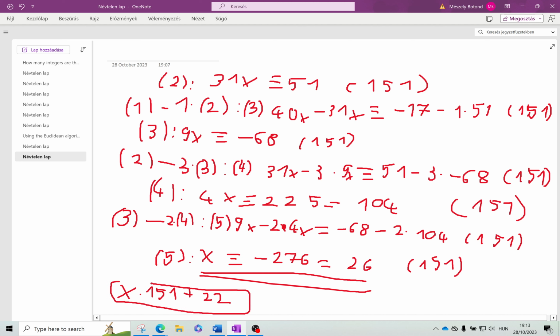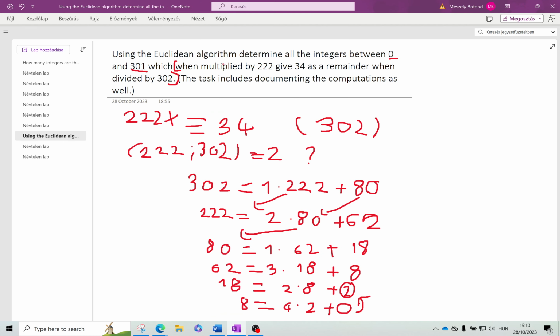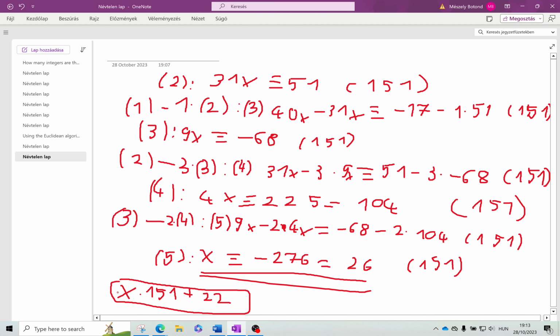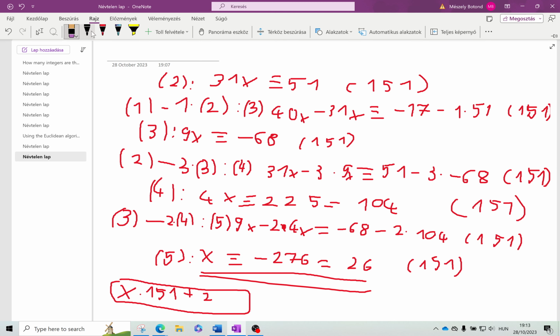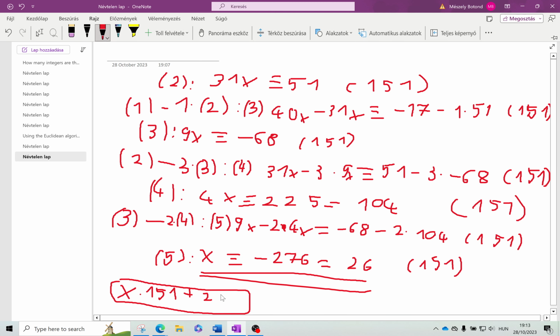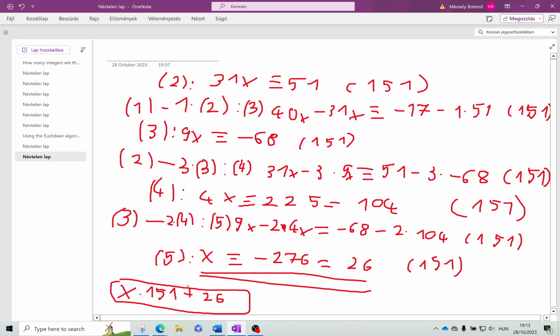These are the numbers that will fit our category. So when multiplied by 26 it gives 33 as a remainder when divided by 302. Sorry, I messed up. So not 22 but 26, because that's what we got from here. Why is this true? Because whatever you put here, it will always give you the right answer.